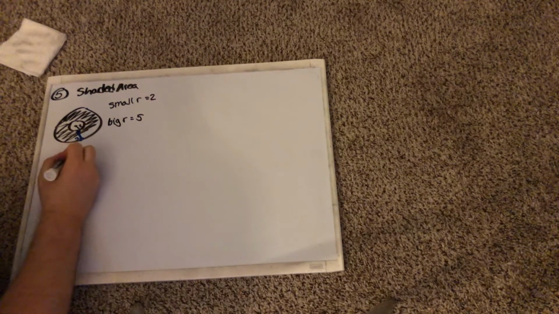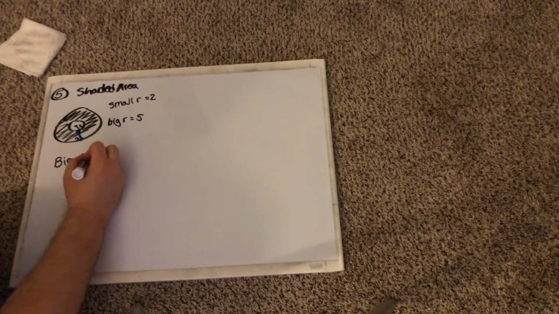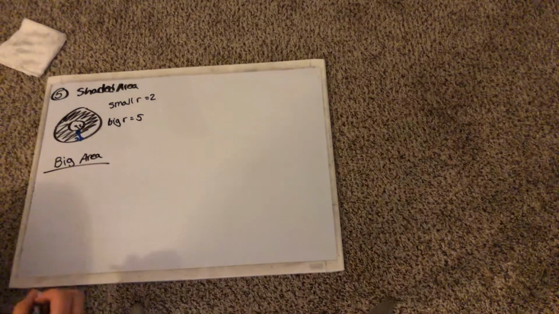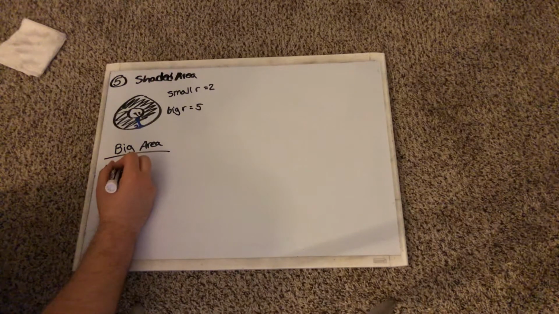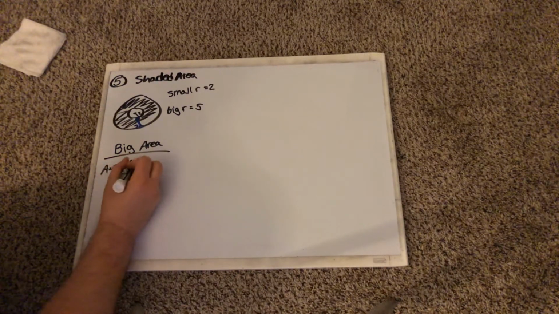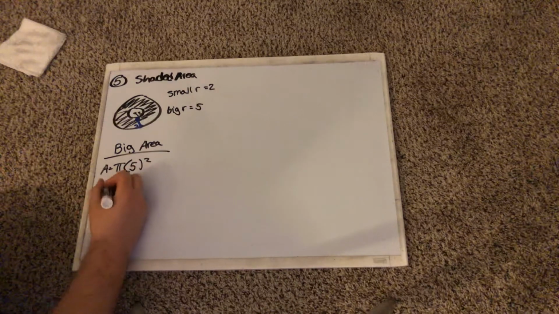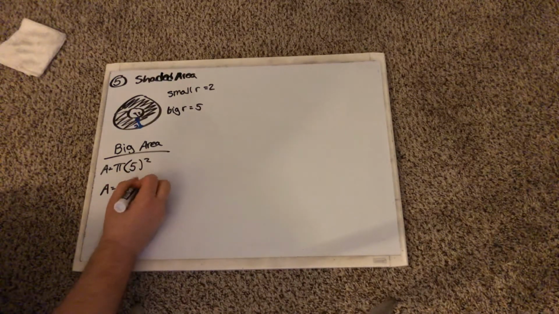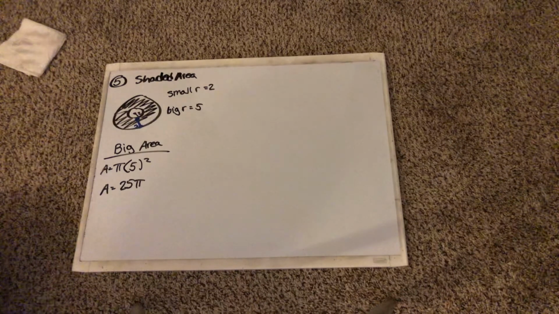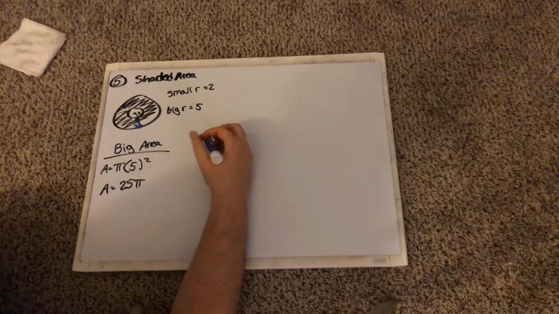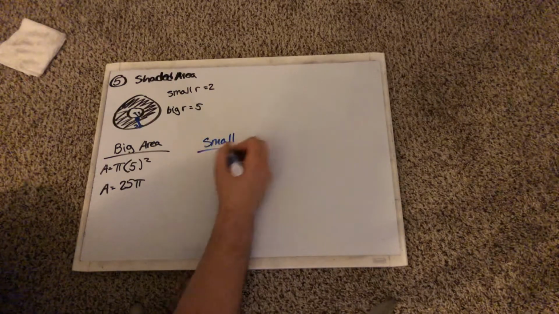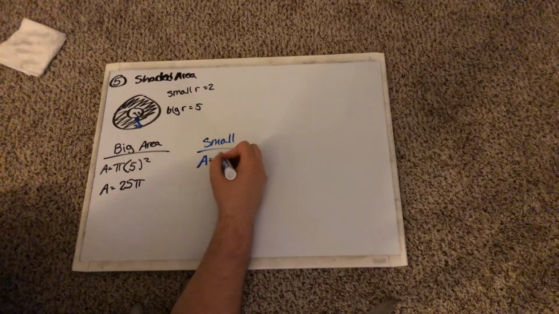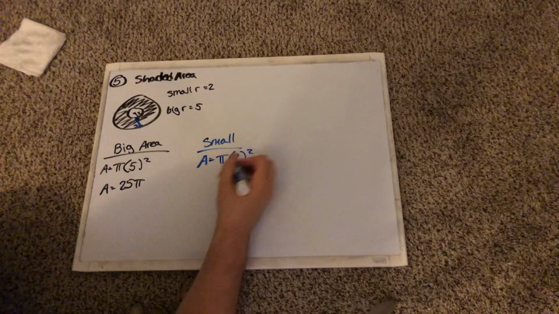Alright, so to find the shaded part, I'm going to find the big area. Let's see. I have area equals pi and then 5 squared. So the area of that is 25 pi. And for the small circle, small area, we can do area equals pi times 2 squared.